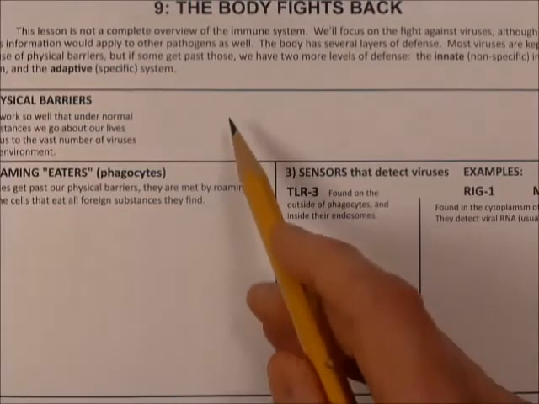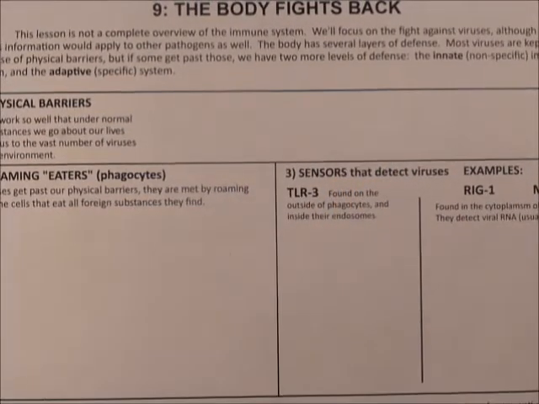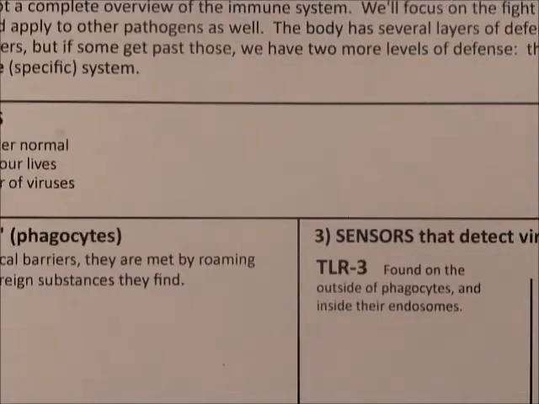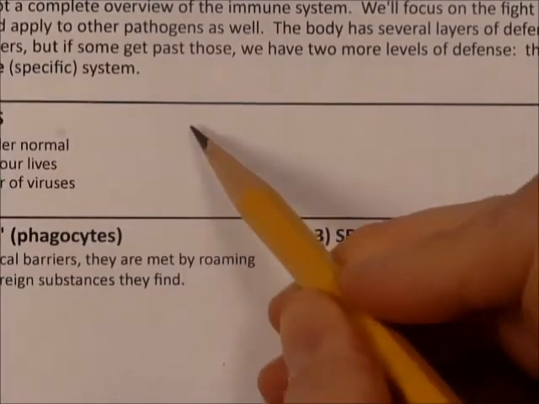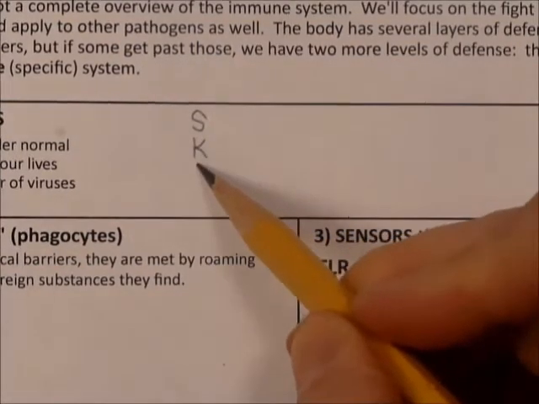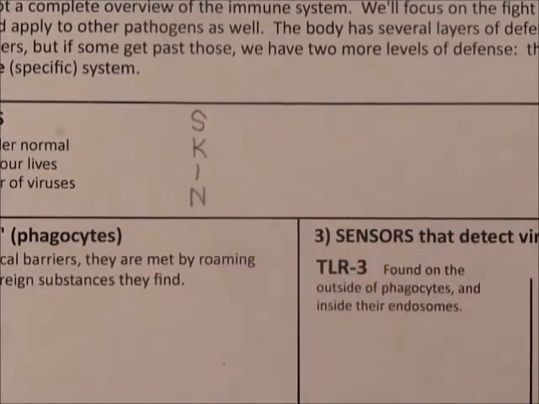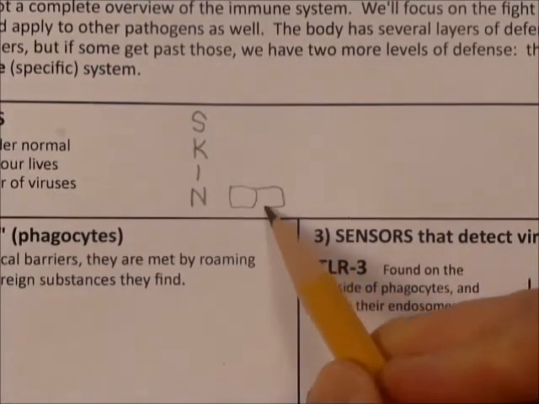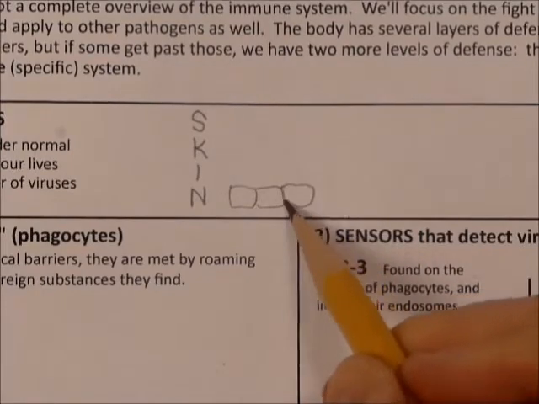So let's draw a little chunk of skin, very much like that diagram we just saw. I'm going to make my label going top to bottom. We have a limited amount of space here. So I'm going to write the word skin like this. And I'm going to make that bottom layer. It's nice because these cells are actually pretty square.